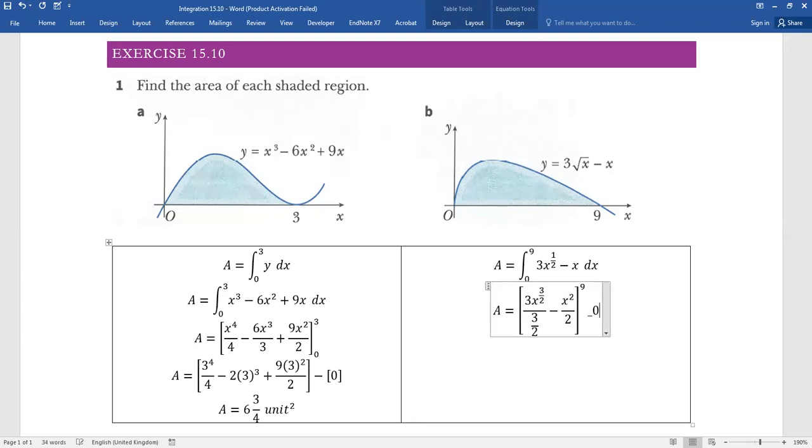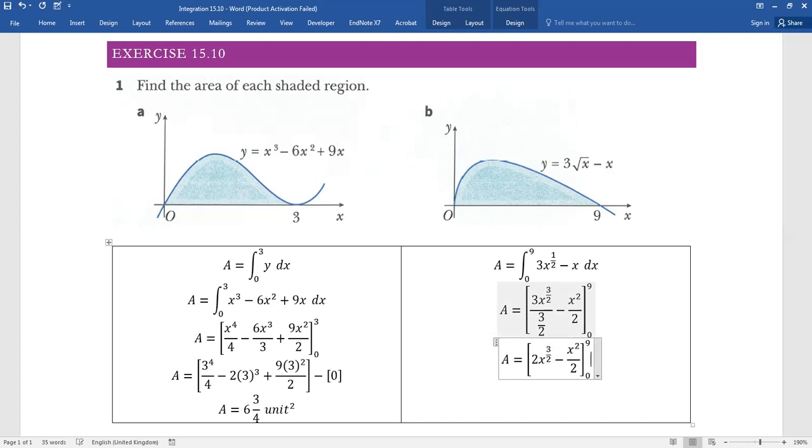Upper limit is 9, lower limit is 0. Always simplify if you can. 2x to the power 3 upon 2 minus x square upon 2. Upper limit is 9 and the lower limit is 0. Can you plug in the values and tell me the area?